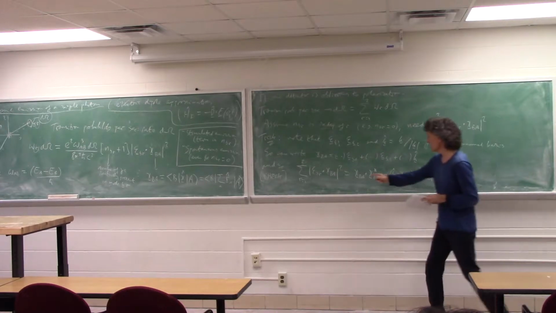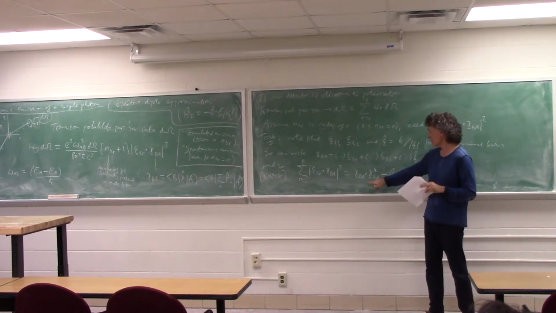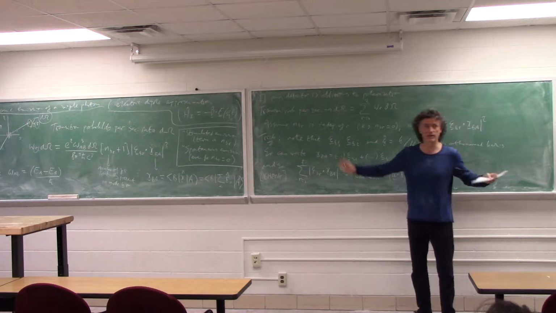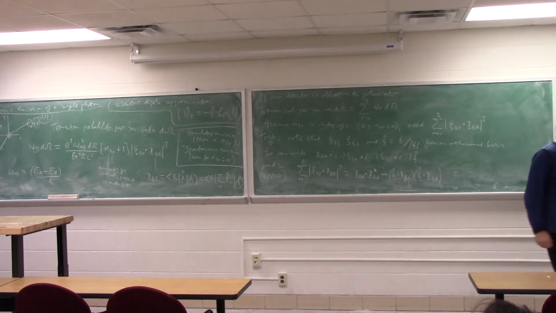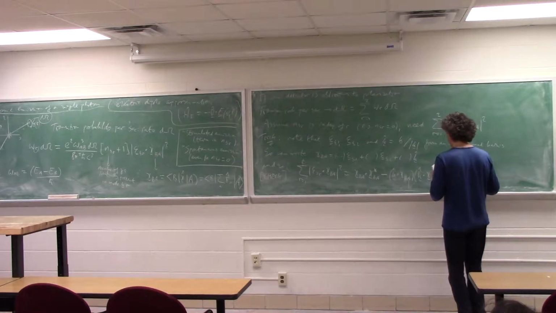Okay, this is just saying that this term here is going to be the sum of the squares, of the modular squares of the magnitudes of the components. So if I bring that to the other side, that's what it is, the sum of the modular squares of the components.